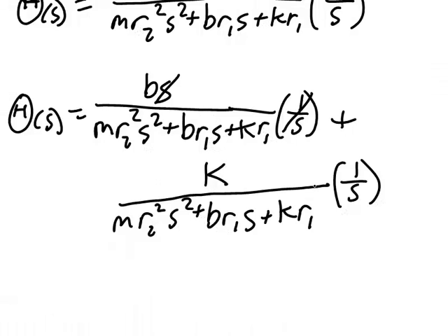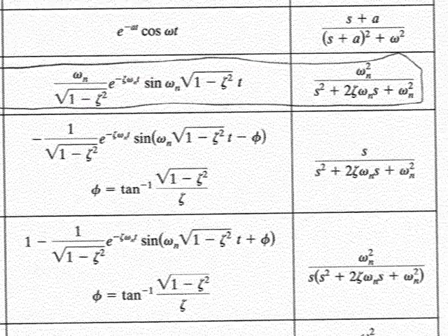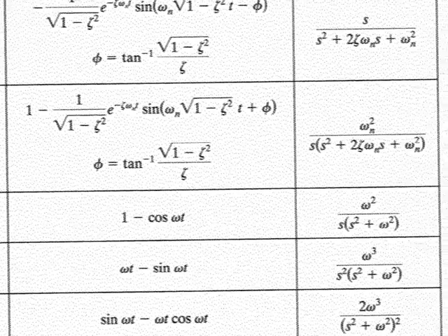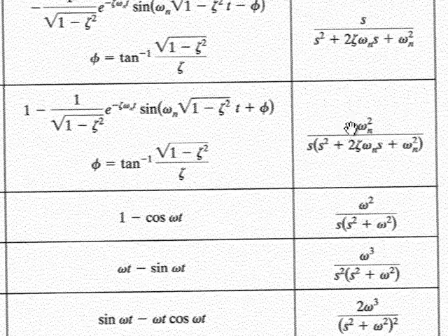The second term has a constant in the numerator, and it has an s squared, s, and constant term in the denominator, and it's multiplied by 1 over s. Let's try and match it to a line on the table. Here in line 24, we have a constant in the numerator, an s squared, s, and constant term in the denominator multiplied by 1 over s.